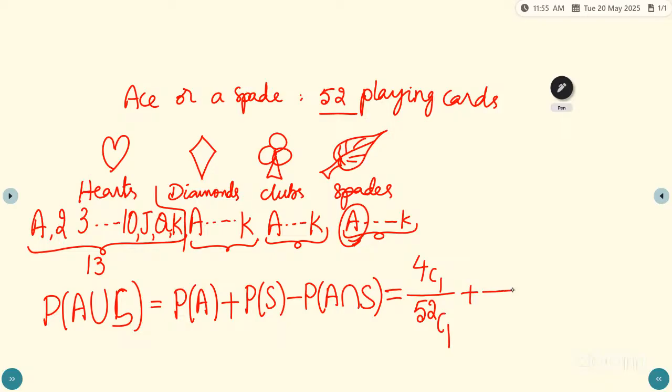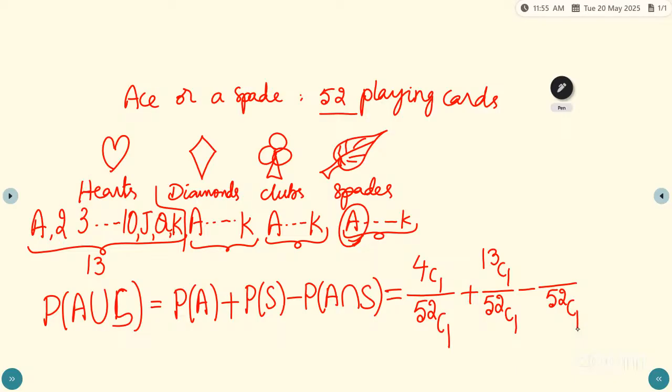Probability of drawing a spade. Again you have 52C1. How many spades are there? 13C1, minus. Totally how many cards do we have? 52. Choose one.